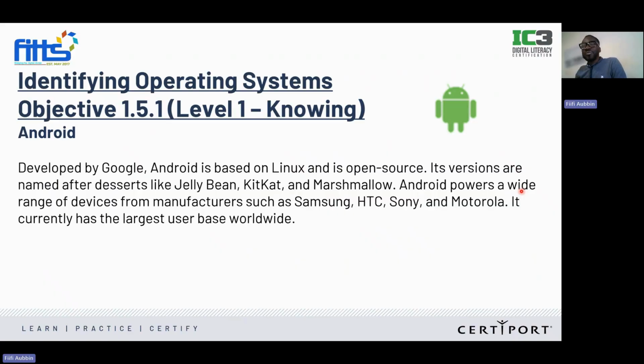Android powers a wide range of devices from manufacturers such as Samsung, HTC, Sony, and Motorola. Most of the phones that we use, almost about 80%, are powered by the Android operating system, which is the mobile OS. It currently has the largest user base worldwide.